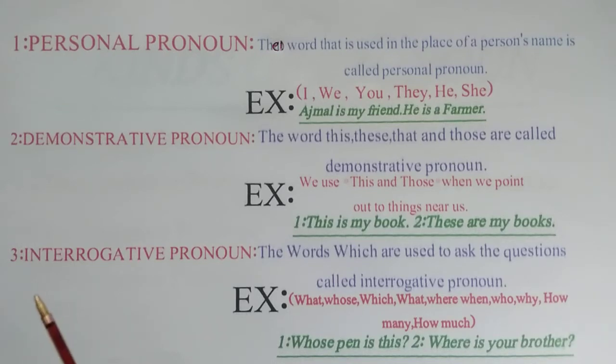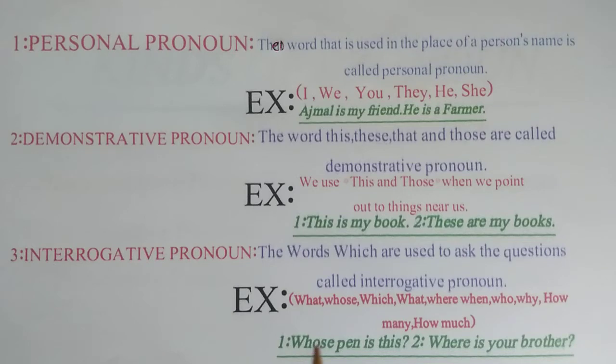On third number we have interrogative pronoun. The words which are used to ask the questions are called interrogative pronoun. When we ask questions, when we use WH words, for example, what, whose, which, where, when, who, why, how many, how much, like this.